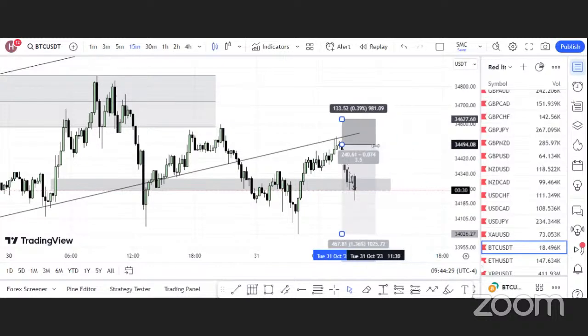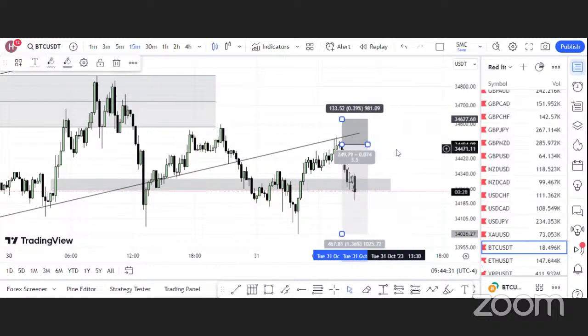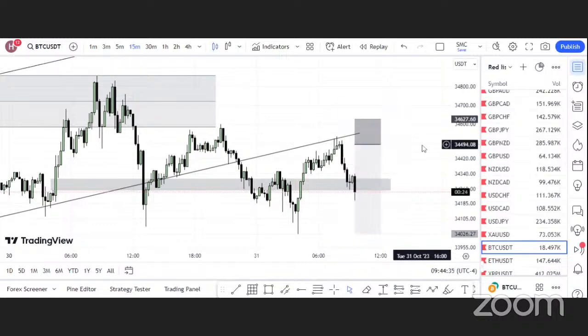Yes, we have 3.5 risk to reward. The market is still playing out. The market has gone below where we could have taken an entry.